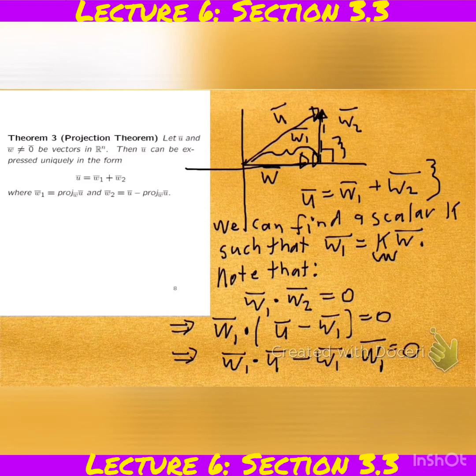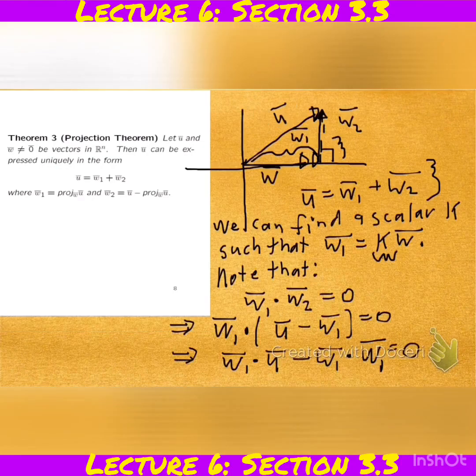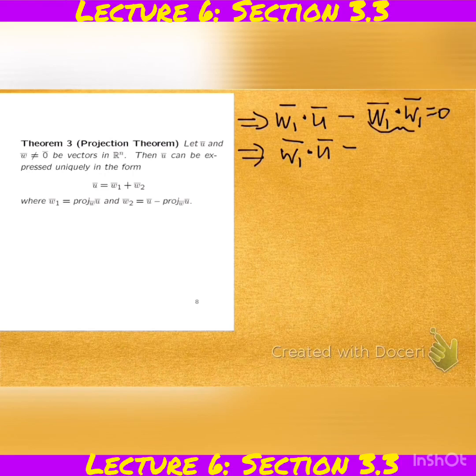So we continue: the dot product of w1 with u, minus the dot product of w1 with itself. What is the dot product of a vector with itself?